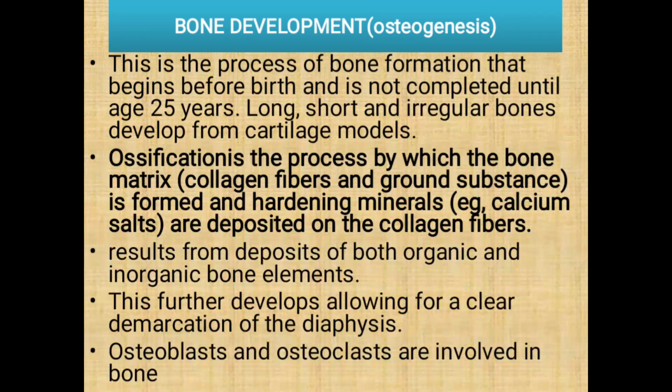Na hii cartilaginous fibers lazima iadeniwe na calcium salts ndio ikue the mineral which makes the bone to be hard. So results from deposits of both organic and inorganic bone elements.